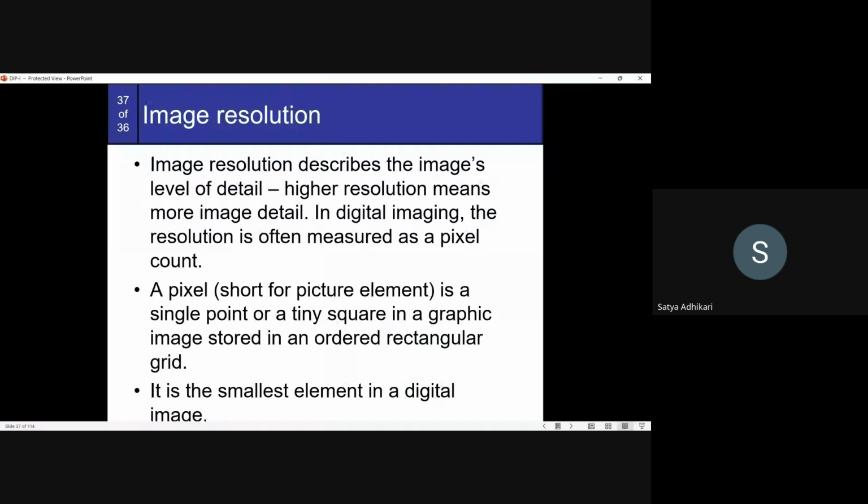In digital imaging, the resolution is often measured as a pixel count, and a pixel, you know, is a single point, the smallest point, or a tiny square in a graphic image stored in a rectangular grid. It is the smallest element in a digital image. The resolution is defined as the number of pixels in a unit area, a unit area on the screen.